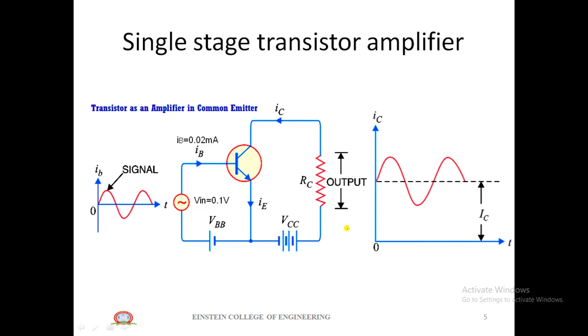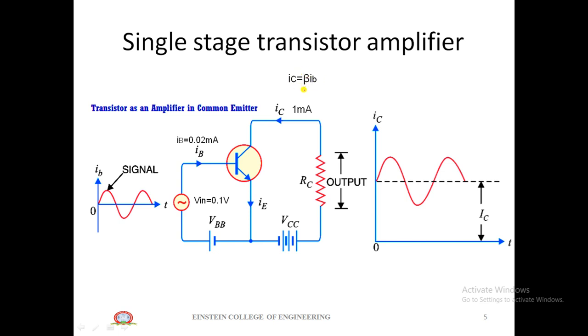Now let's see an example using some values. Consider an input signal of 0.1 volt which produces 0.02 milliampere in the base. Then this base current flows in the transistor, and we know that IC is equal to beta into IB.